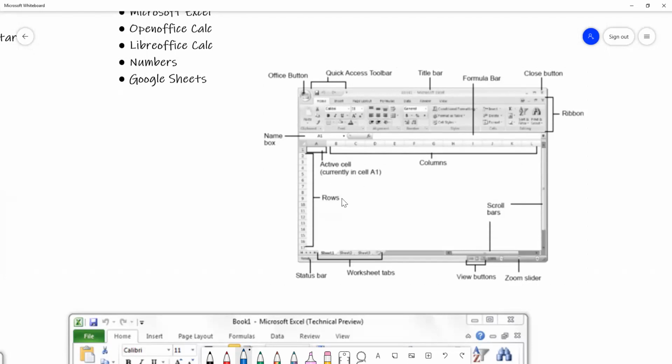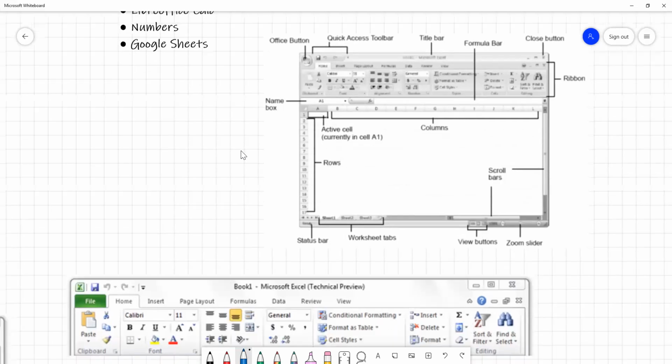So everything is put as columns and rows, the columns named with English letters, and the rows, we have numbers. So when a column meets a row, we call it a cell, and the active cell we are working on shows you with a border, right? So you will have a border like this.